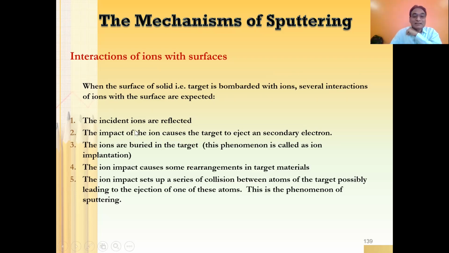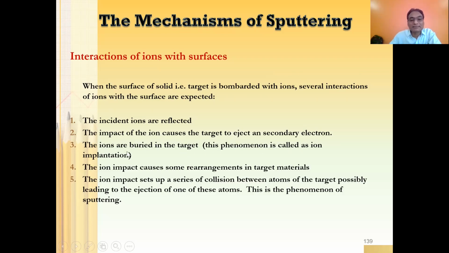The incident ions are reflected. So whenever the incident ion is exposed to this target material, it can be reflected. Number one is reflection. Number two, the impact of ions causes the target to eject secondary electrons.